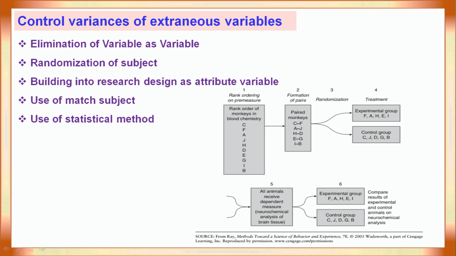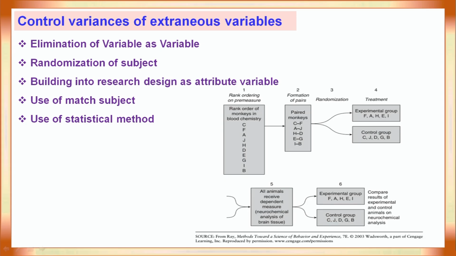Take another example, where intelligence is the extraneous variable. You rank all the students based on their intelligence, maybe by using a knowledge test. Certain people will be the first ranker, then second ranker, third ranker, fourth ranker.